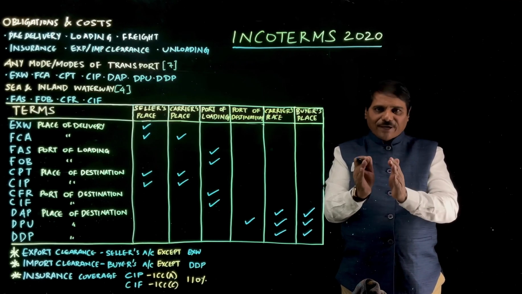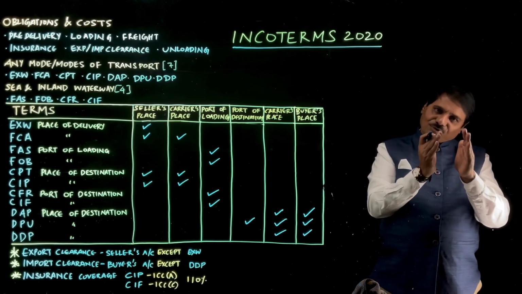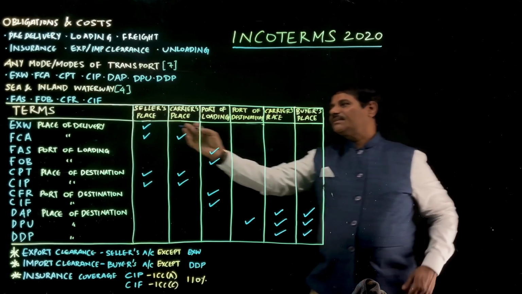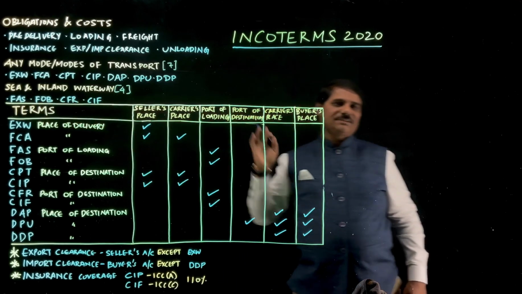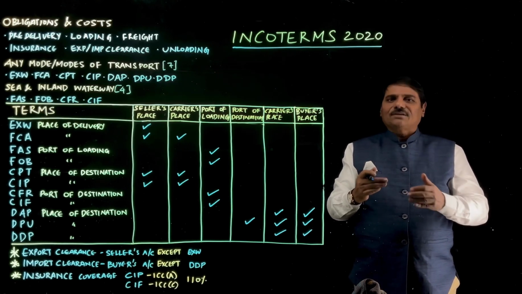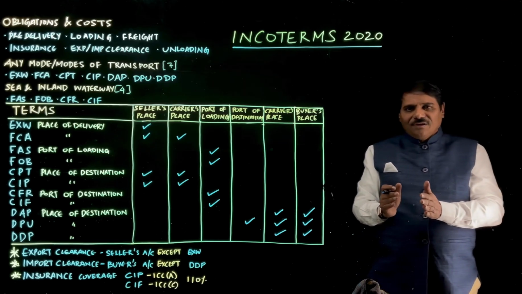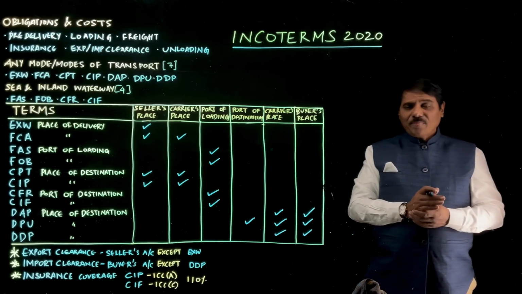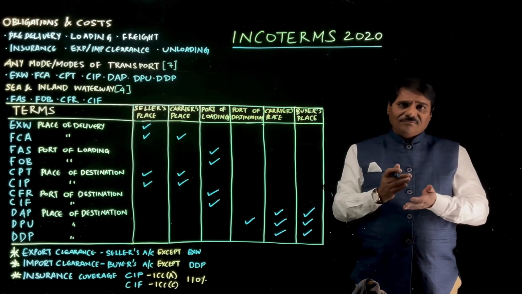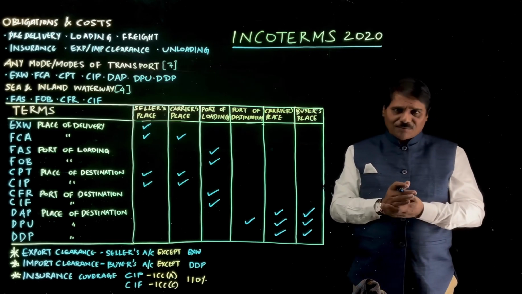The starting point, the delivery point, is the port of loading, and the ending point is the port of destination. In case of FAS, you have to keep the goods alongside the ship. In the remaining three terms, seller has to load the goods on board the ship. Delivery happens on board the ship. The risk is passing on board the ship to the buyer.